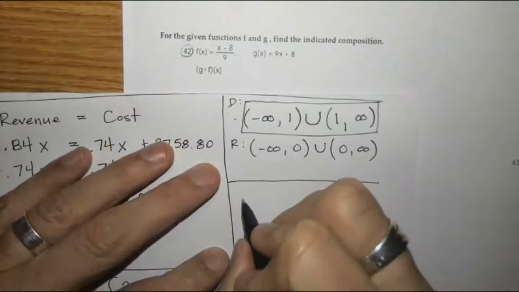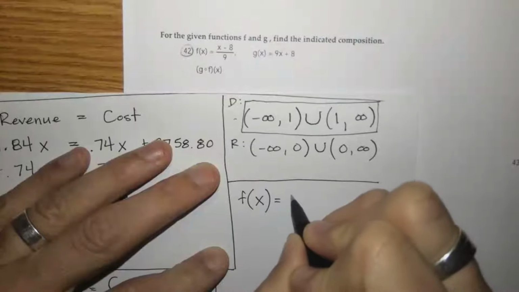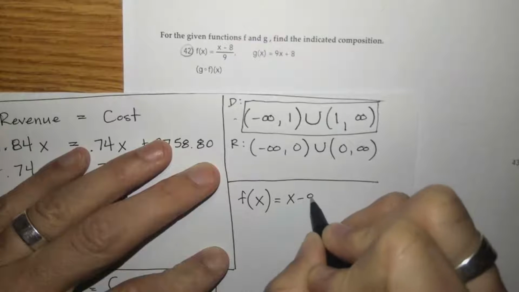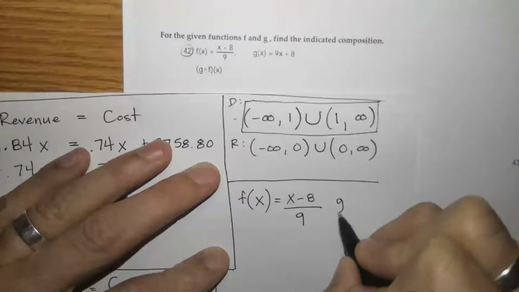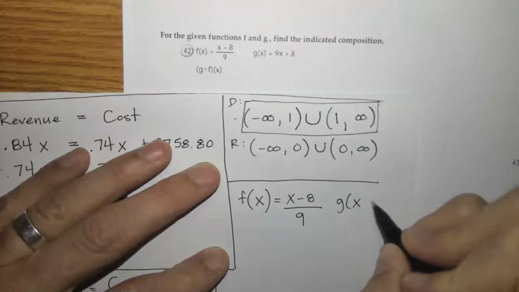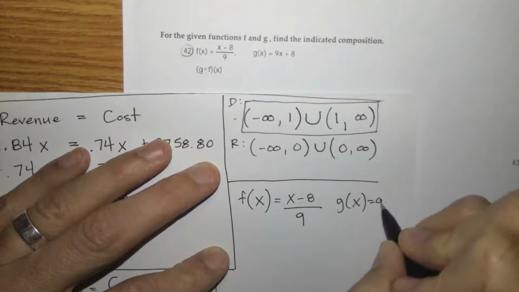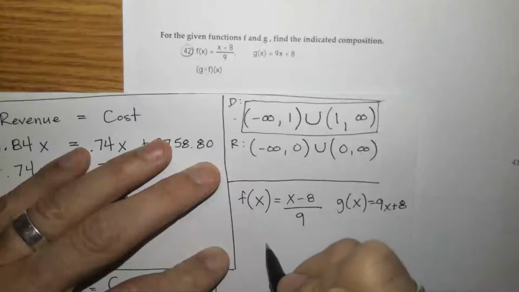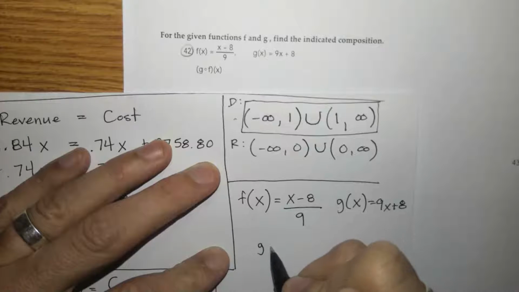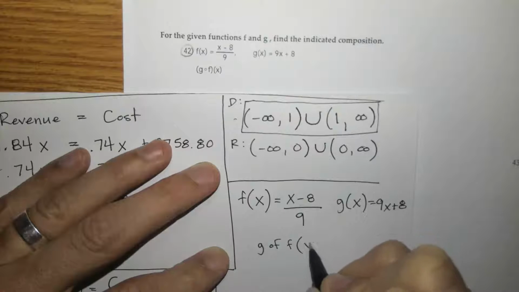We got two equations. We got f of x, which is equal to x minus 8 over 9. And then we have g of x is equal to 9x plus 8. And then it says f of g of x is what they're saying.